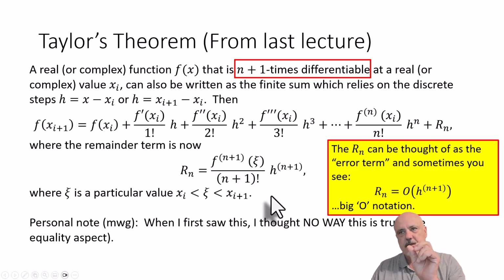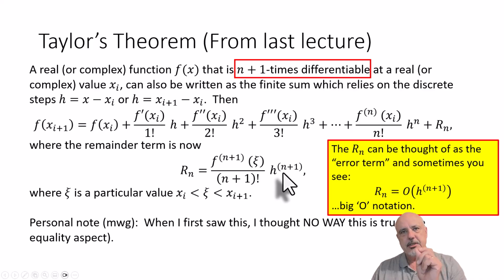And they say, okay, it's of the order h to the n plus 1. So if the h is very, very small, like it should be, each time that you square it, you're getting something that's much, much smaller. So h is smaller than 1, and every time you square it or take it to a new power, that gets even smaller and smaller.